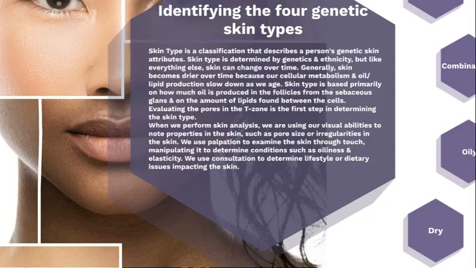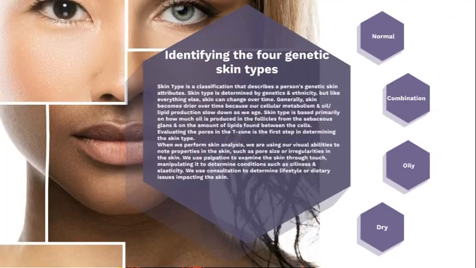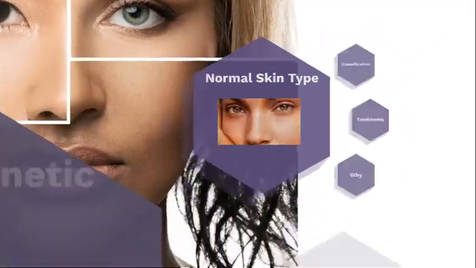Remember, we use palpation to examine the skin through touch, manipulating it to determine the conditions, such as any oiliness and elasticity of the skin. We use consultation to determine lifestyle or dietary issues that are impacting our client's skin. So we have normal, combination, oily and dry.